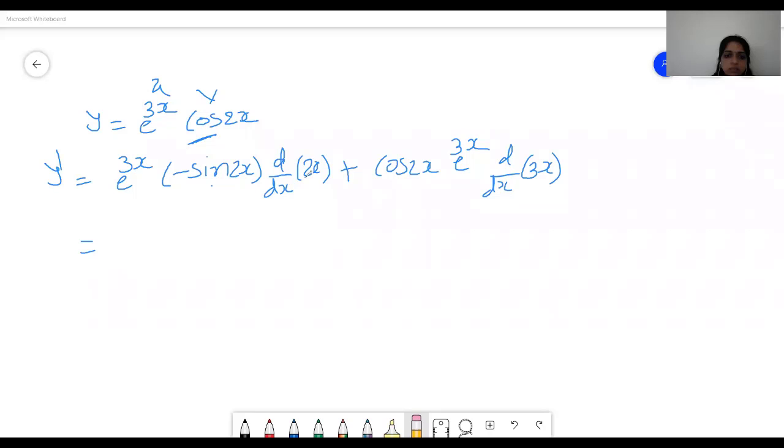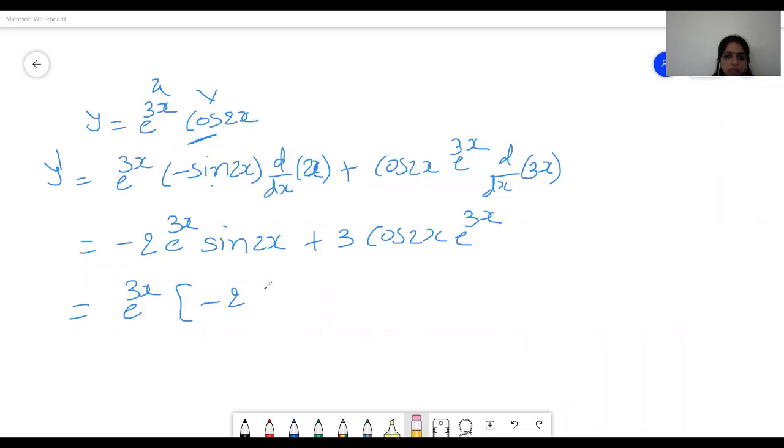So our answer is, the derivative of 2x is 2. So minus 2 e raised to 3x sine 2x plus 3 cos 2x e raised to 3x, right? So by getting e raised to 3x common, our answer is e raised to 3x into minus 2 sine 2x plus 3 cos 2x.